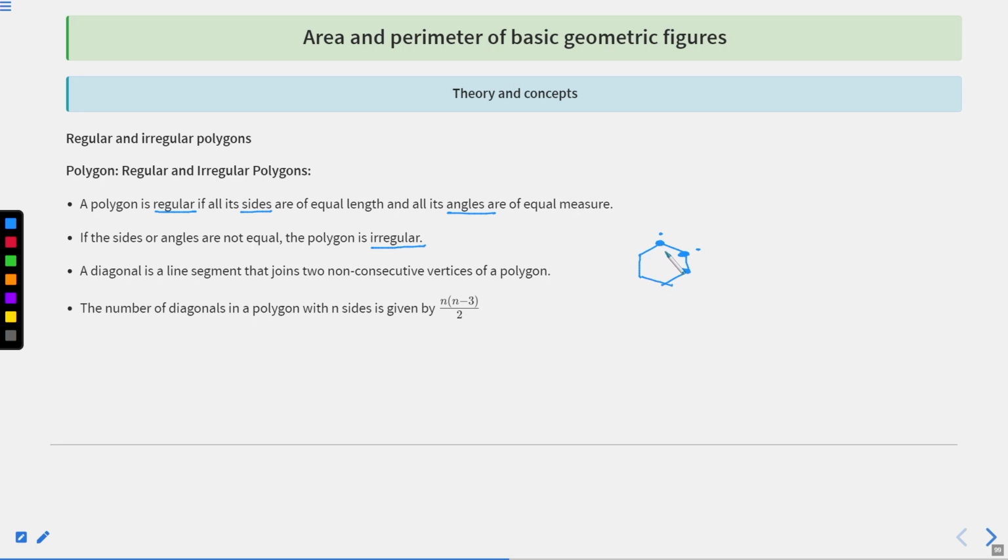We want non-consecutive ones, so if I join it like this or towards this one, these line segments are called diagonals. The number of diagonals in a polygon with n sides is given by n times (n minus 3) by 2. If you know the number of sides, you can easily substitute the value of n in this formula and know how many diagonals can be made in that particular polygon.